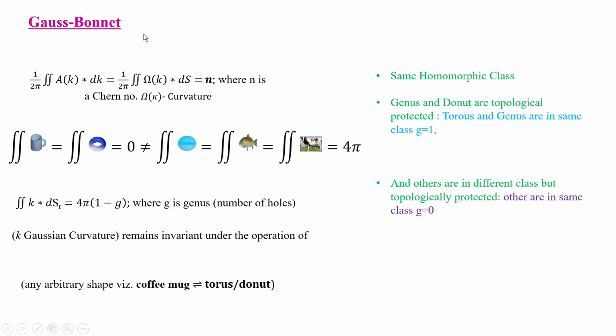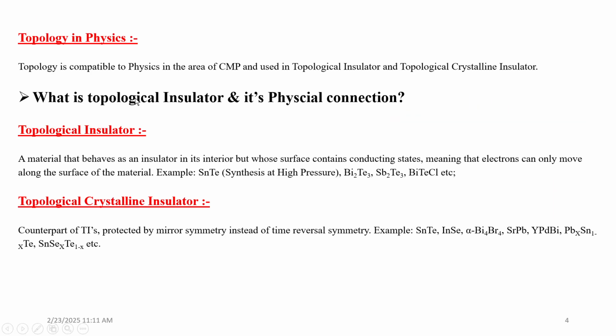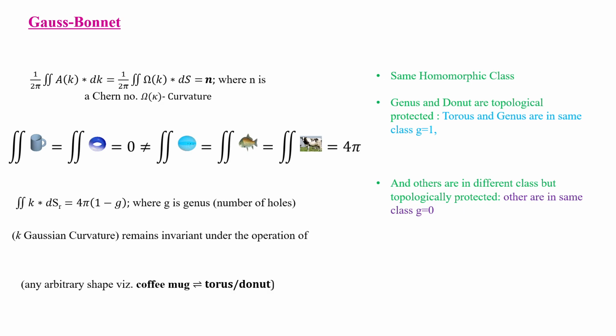So the Gauss-Bonnet theorem in its physical interpretation: this is the vector potential here, and this is the curvature over the Brillouin zone, and with the calculation over the Brillouin zone, this gives n, which in physics is known as the Chern number, and in mathematics is known as the genus.